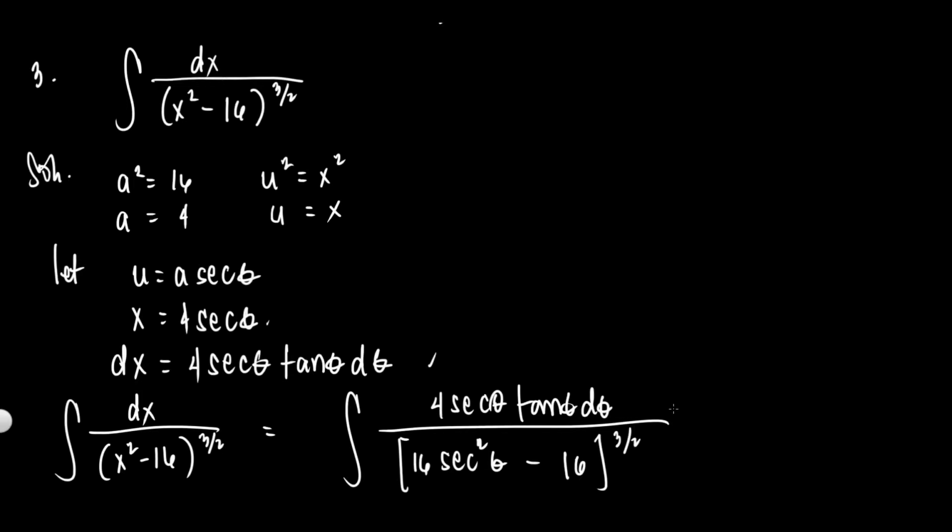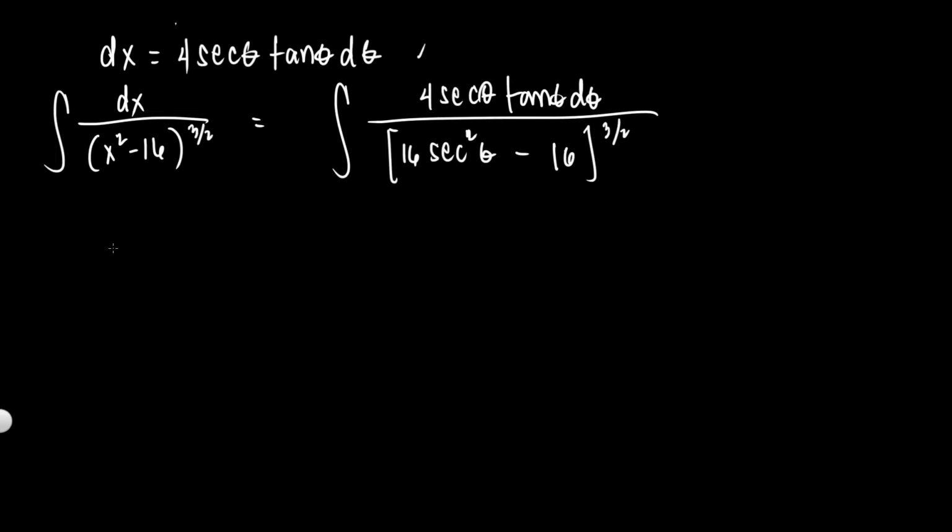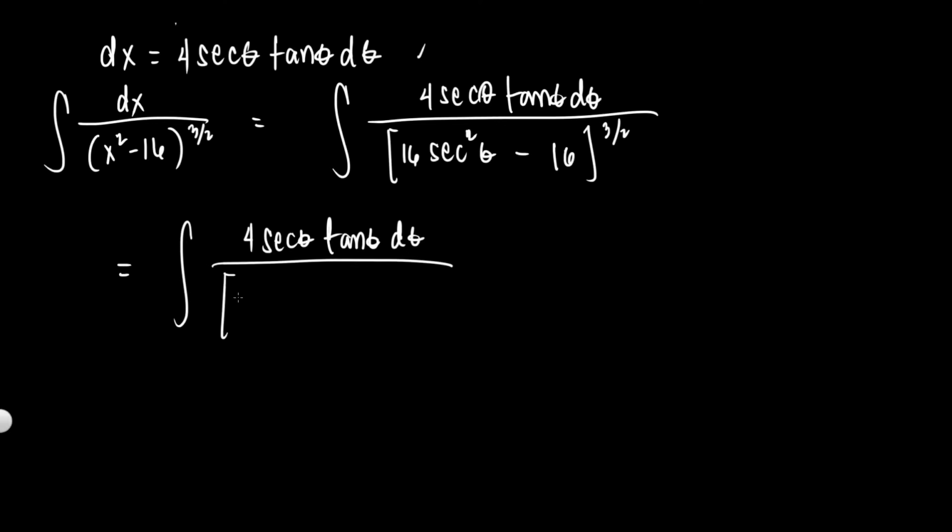Okay? So, next. Dali na to, no? The integral of 4 secant theta tangent theta d theta over, factor out natin yung 16. Okay, 16 times secant squared theta minus 1. Parang ginawa rin natin kanina, no?